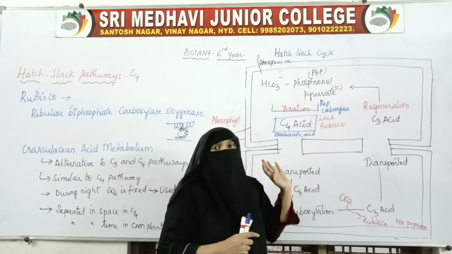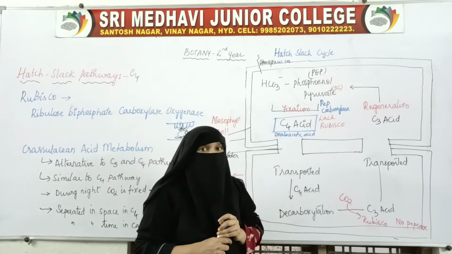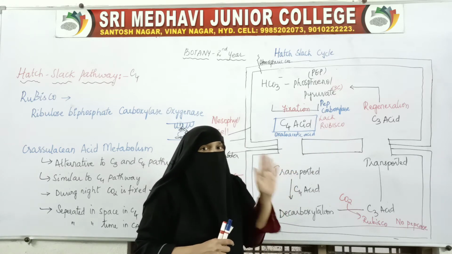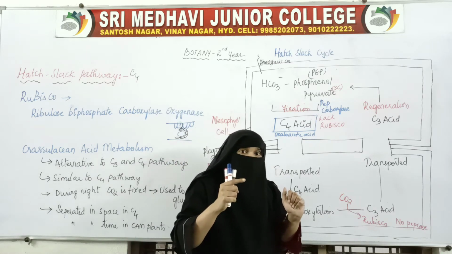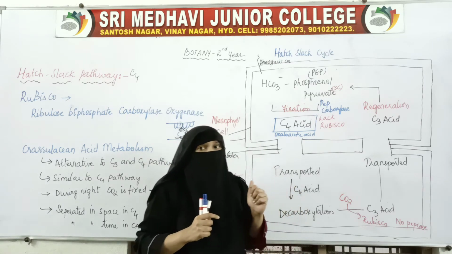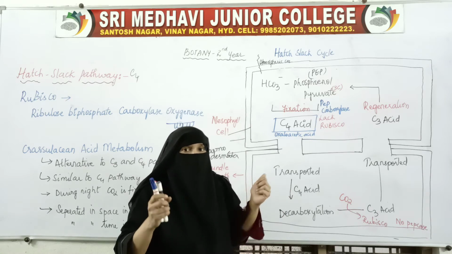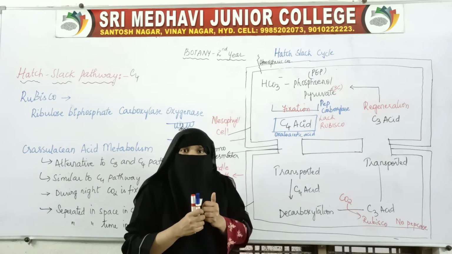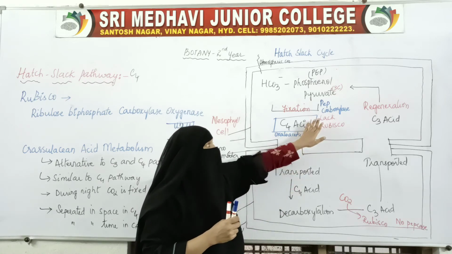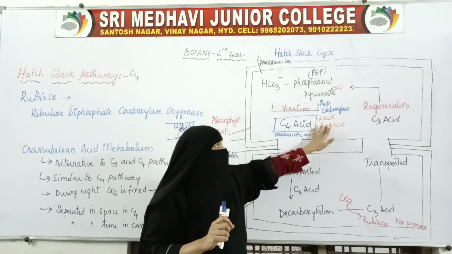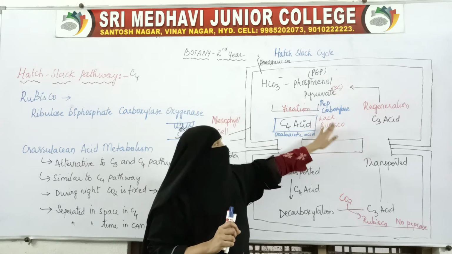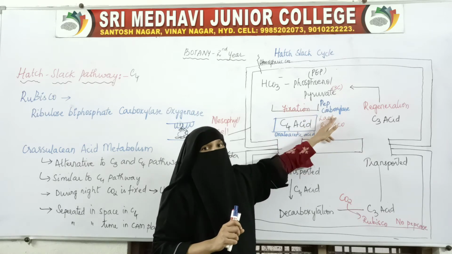But in C3 plants, rubisco is present in the mesophyll cells, combining carbon dioxide with RuBP. Here, rubisco is not present in C4 mesophyll cells. Instead of rubisco, PEP carboxylase is present.